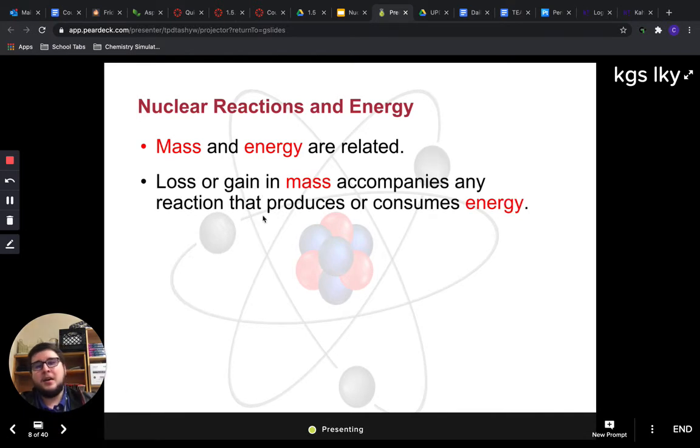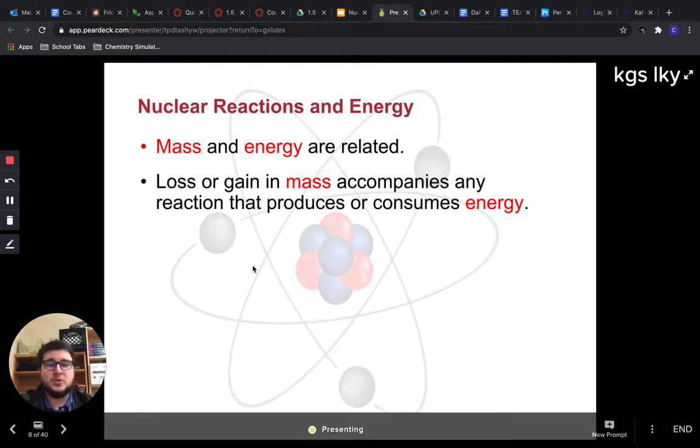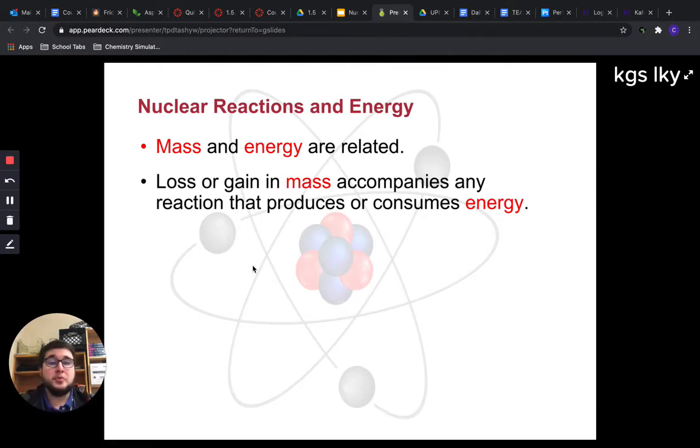Anytime I lose or gain mass, that's going to be accompanied by a change in energy. So if I have a reaction that loses or gains mass, it's going to produce or consume energy that's proportional to the amount of mass that I gained or lost.